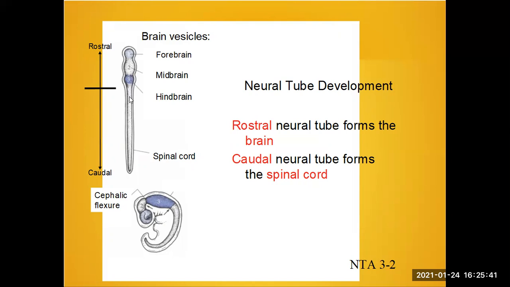Later, in the beginning of the second month of development, the brain appears to comprise five secondary vesicles as follows: telencephalon, diencephalon, mesencephalon, metencephalon, and myelencephalon.